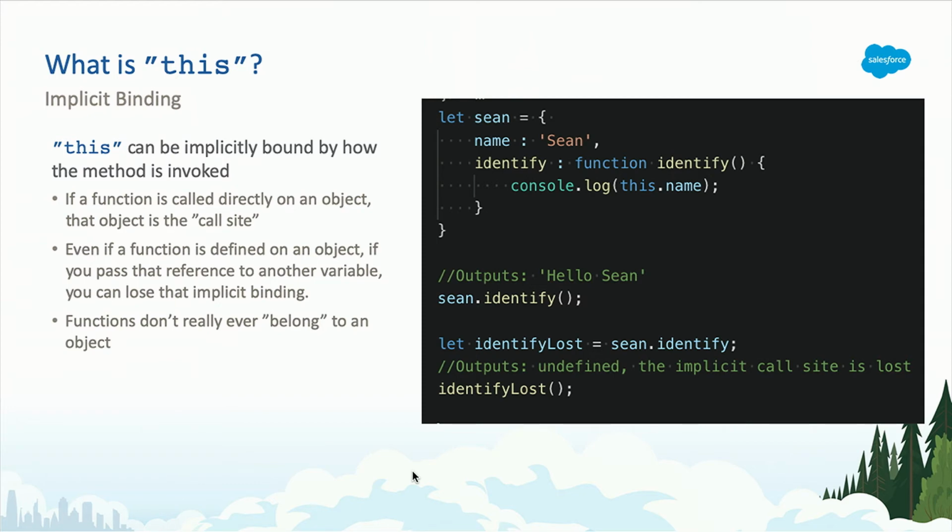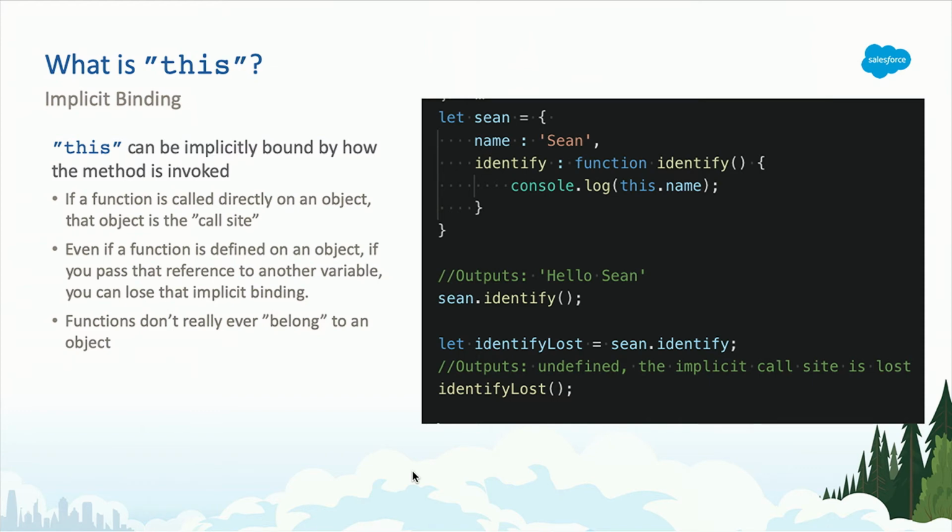And then when I call Sean.identify, it outputs hello Sean because implicit binding is in effect. So this in that case is the Sean object, so let's output hello Sean. Actually, in this case, it would just output Sean because it doesn't say hello in the code. But you get my point.